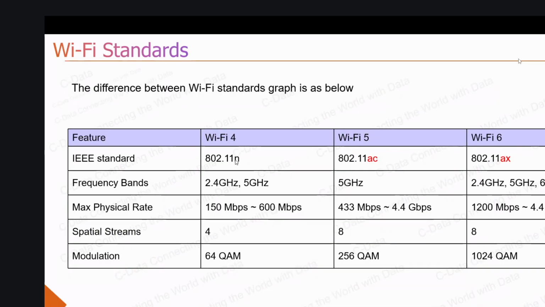Okay, so first let me give you an overview. Wi-Fi 4 is another name for 11n. Wi-Fi 5 is 11ac. Okay, 6 is AX. So the C-Data products we sell are AX, right? AX1500.